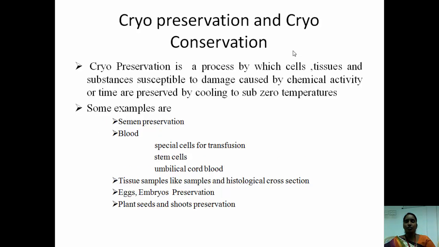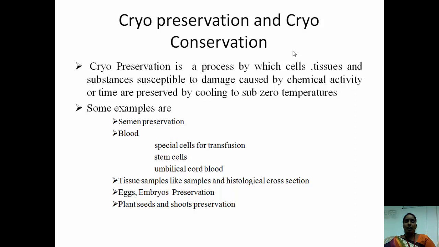Cryopreservation, or cryoconservation, is the process by which cells, tissues and substances susceptible to damage caused by chemical activity or time are preserved by cooling to sub-zero temperatures. Some of the examples are semen preservation. In blood preservation, special cells for transfusion can be separated and maintained at extreme low temperature.